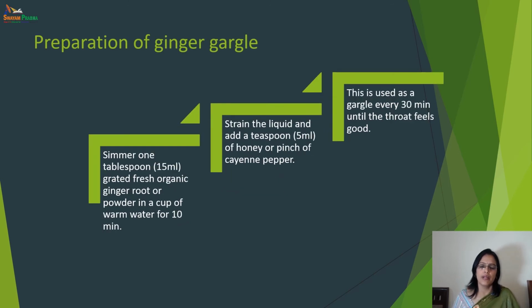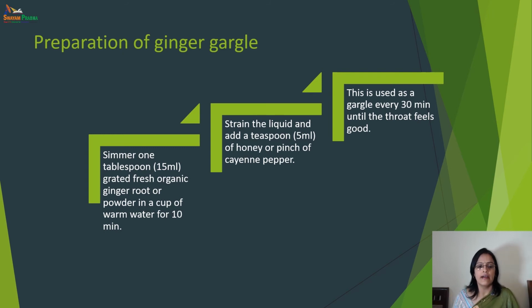Okay, here I am giving you another example of a herbal gargle which is prepared by using ginger. So what you have to do first is simmer 1 tablespoon, that is 15 ml grated fresh organic ginger root or powder in a cup of warm water for 10 minutes, right?